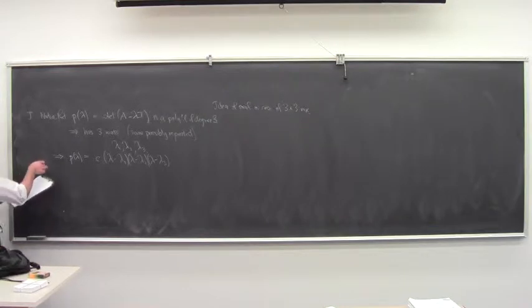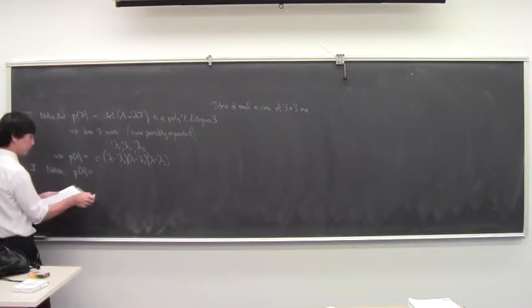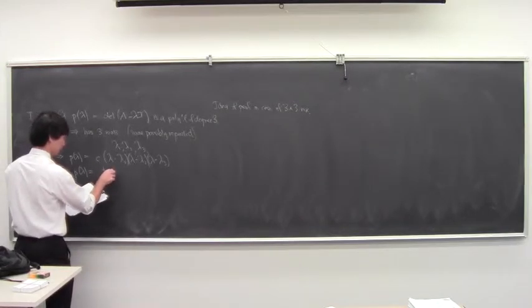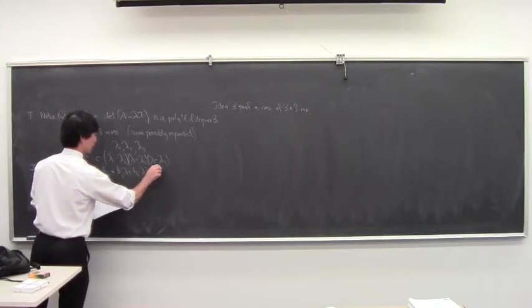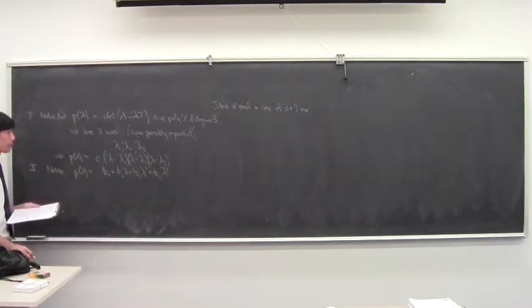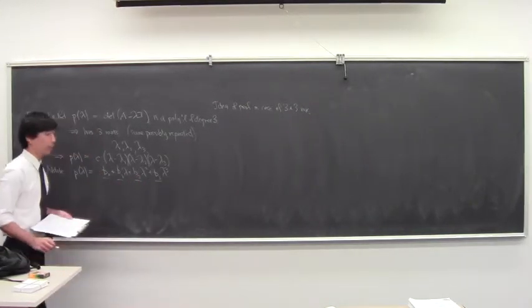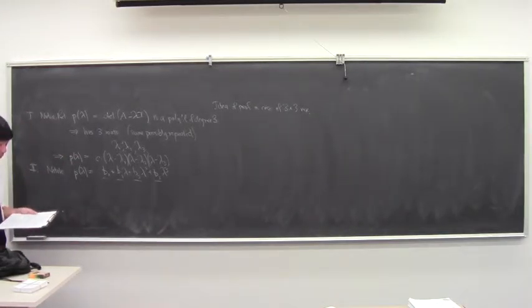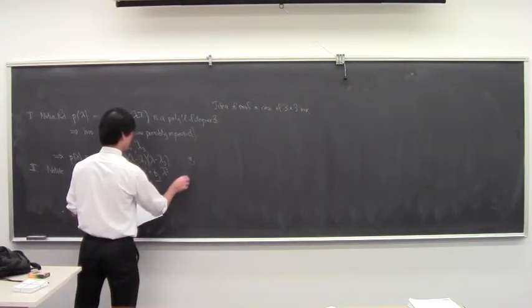Now let's notate p of lambda also as B0 plus B1 lambda plus B2 lambda squared plus B3 lambda cubed. Let's give names to the coefficients of each of the powers of lambda. Let me call this fact star sub 1.